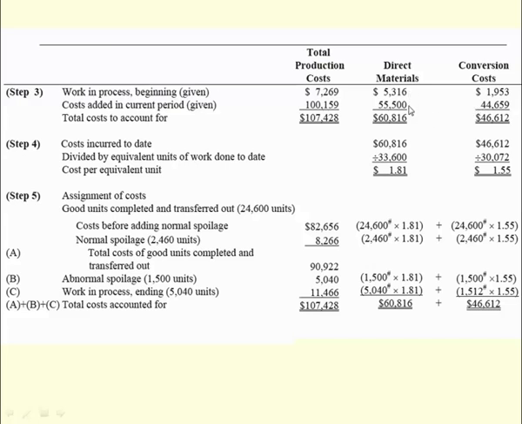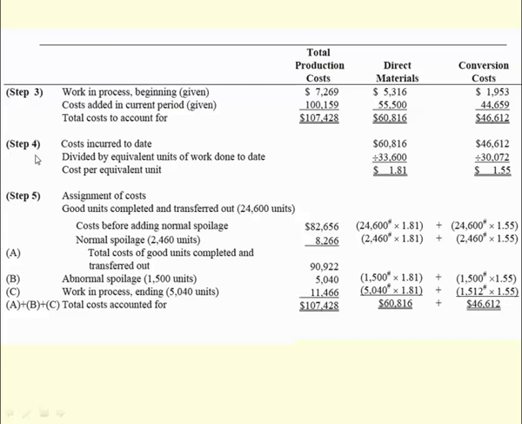Then we add work in process beginning plus costs added under direct materials, which equals 60,816, and for conversion costs we add 1,953 plus 44,659, which equals 46,612, and these are the total costs to account for direct materials and conversion costs.